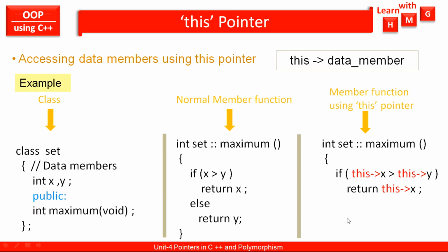In the normal member function we return x, and here using this operator we return this arrow x, else this arrow y, end of the function. So wherever you want to use the data members x and y, they are replaced with this arrow x and this arrow y. In this way you can write a member function using the this pointer to access the data members.